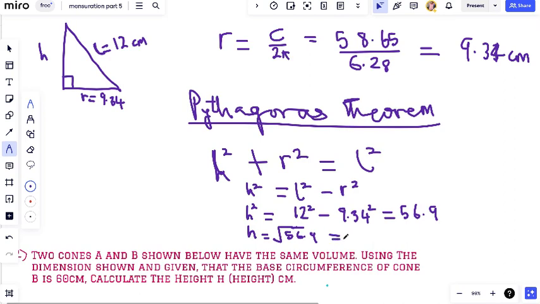So we get our height, h equals 7.54 centimeters. Now that you got the height to be 7.54 centimeters, what is it then we do?